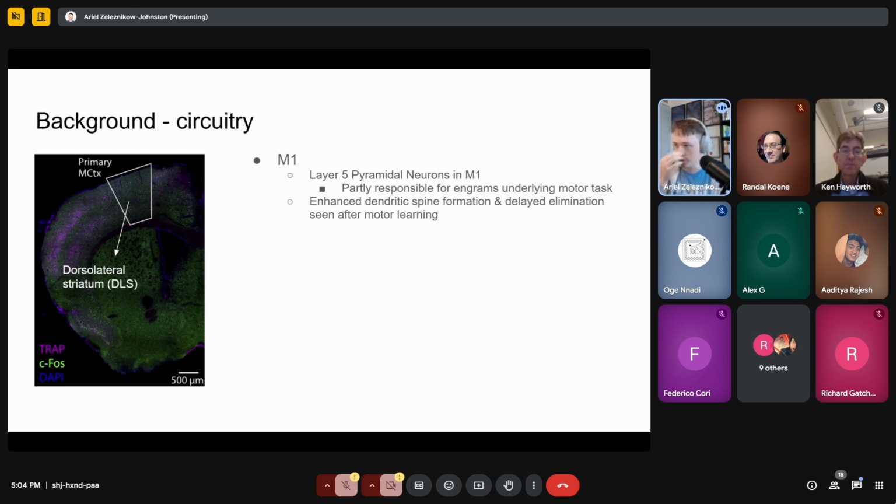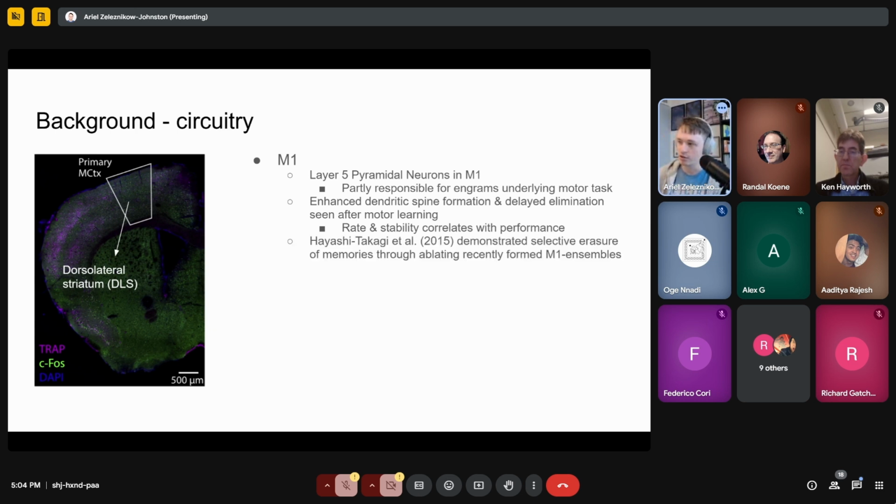And we know this because, on the one hand, at a sort of correlative level, once you get animals to do these tasks, you see in the motor cortex things like enhanced dendritic spine formation, and delayed elimination of new spines in their motor cortex after these learning tasks, where the rate and stability of these things correlates with their performance on motor tasks.